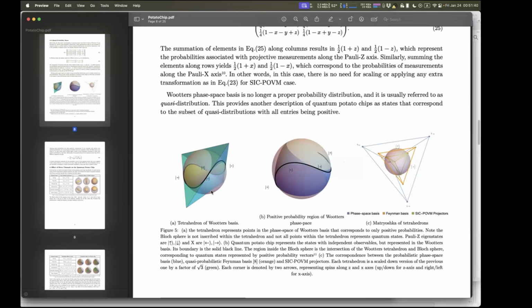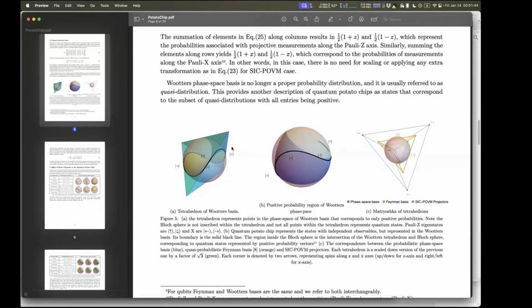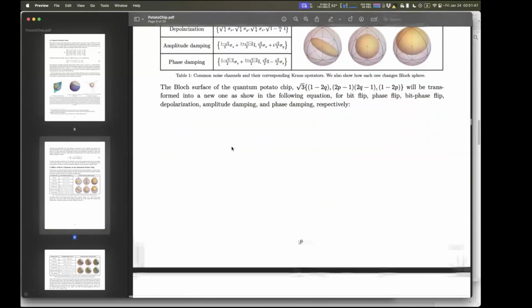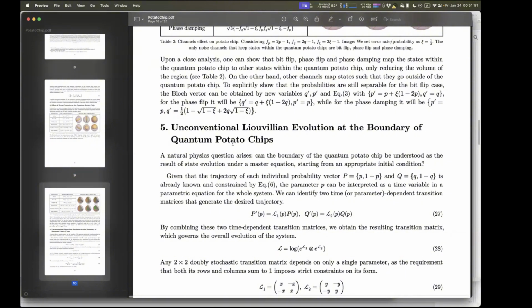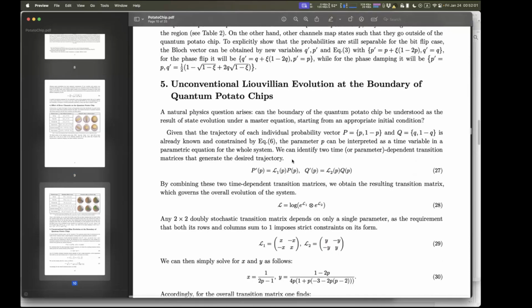But there are more complicated evolutions you can think of, describing the trajectory of how your quantum state evolves. And we were trying to ask, if you have a shape, is there some dynamical process, like some Hamiltonian or in general some master equation or Liouvillian operator, that exactly reproduces this trajectory?